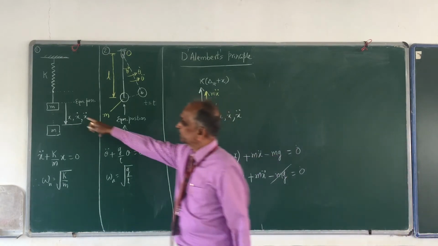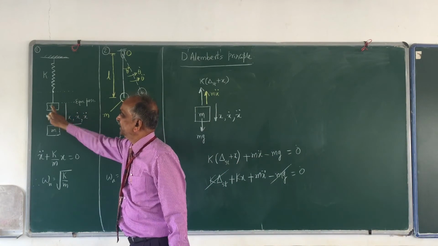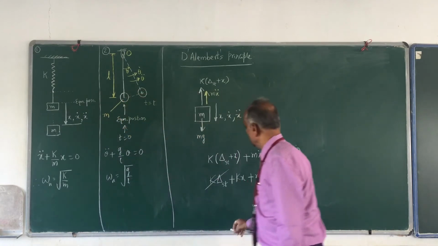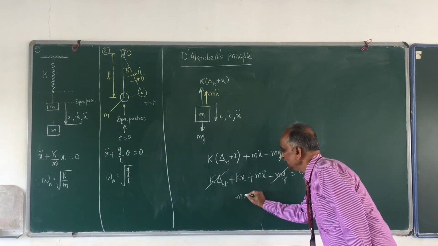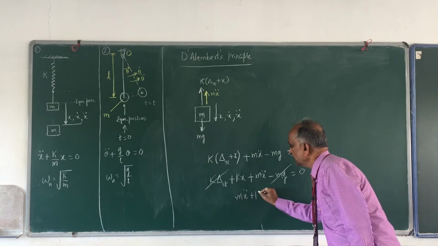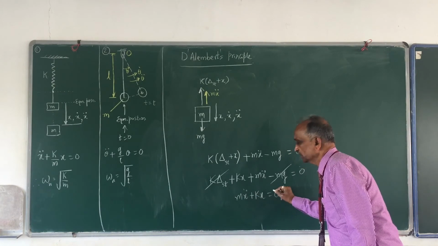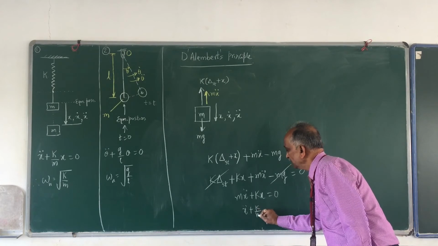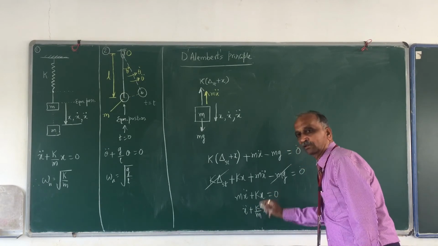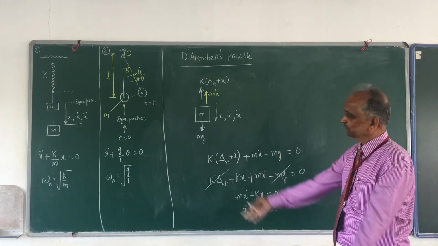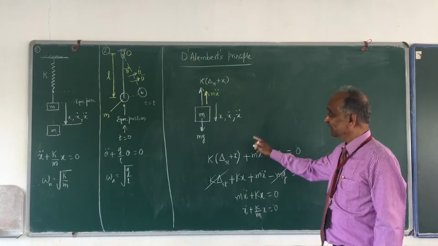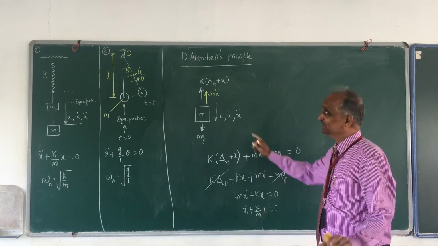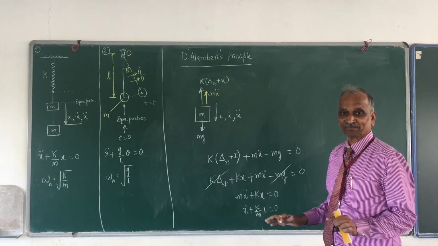I know that K delta st and mg are one and the same. If you draw the free body diagram here, mg is the force and K delta st is the upward force. So this is the same as M x double dot plus K into x equal to 0, or x double dot plus K upon M into x equal to 0, and therefore omega n is root of K by M. Now this method is D'Alembert's principle method.